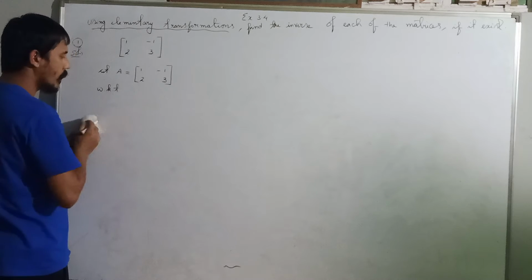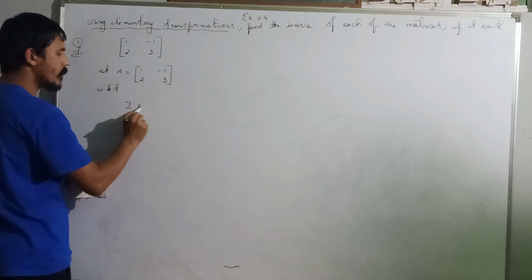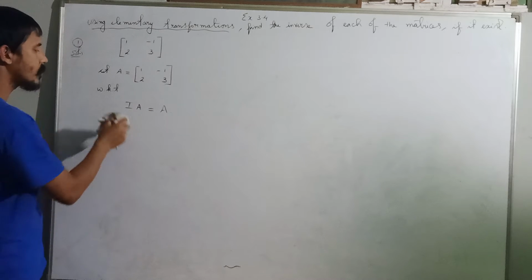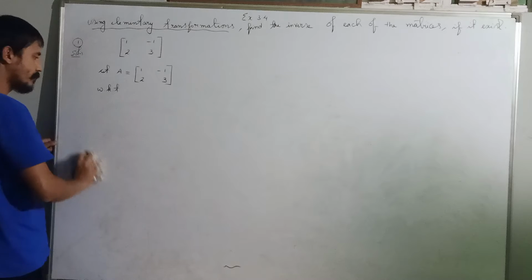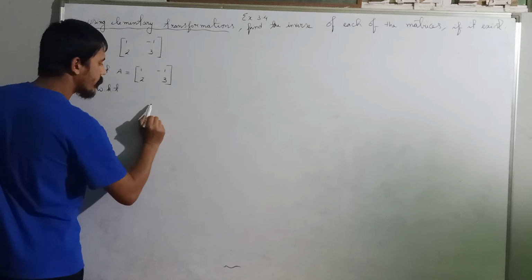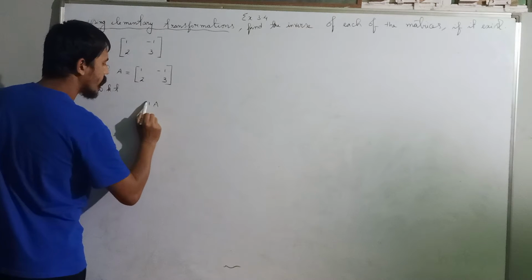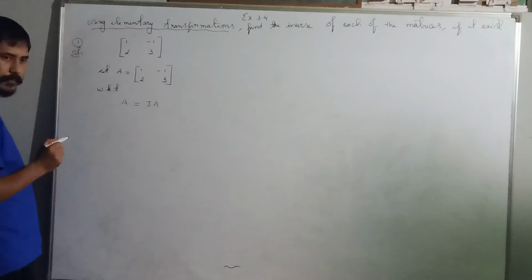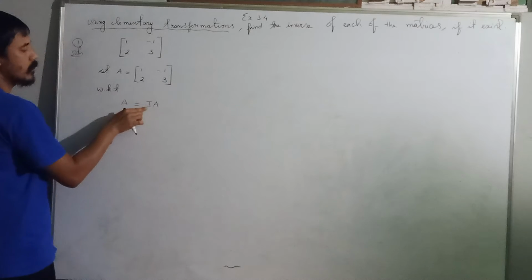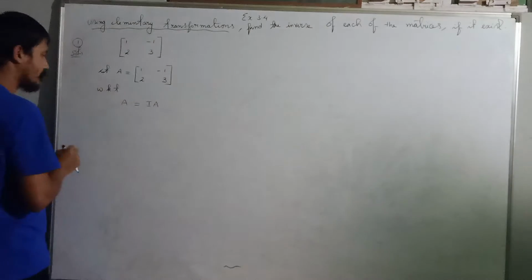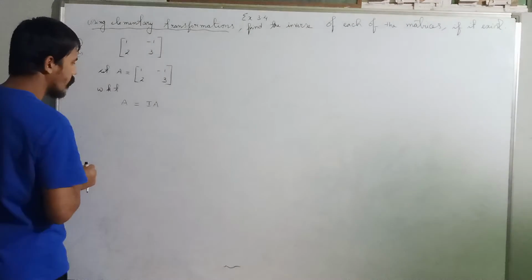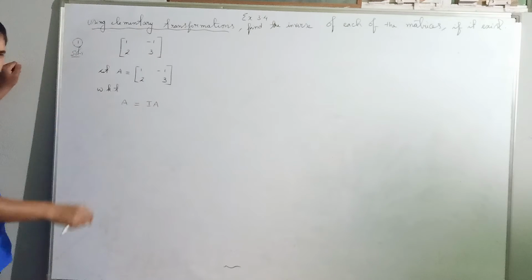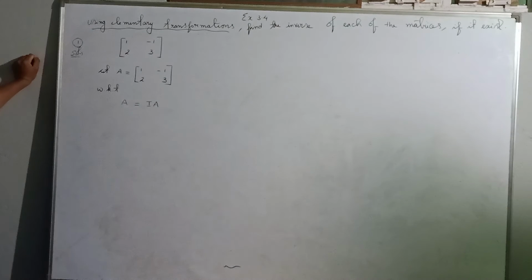Now, identity matrix into any matrix will give you that matrix itself. It depends on which way you want to write, but I'm writing it this way. Any matrix multiplied with the identity matrix gives you matrix A. One is considered as the multiplicative identity. And what is the additive identity of a number?